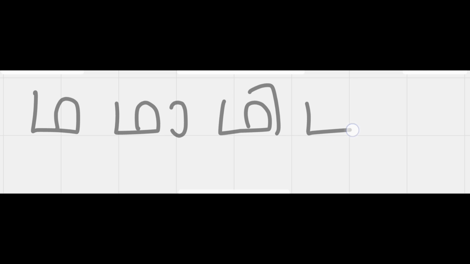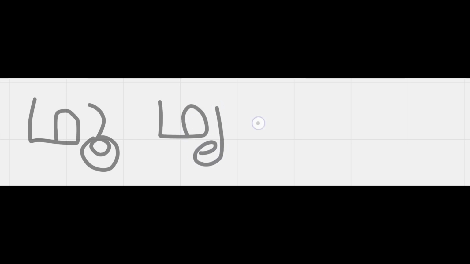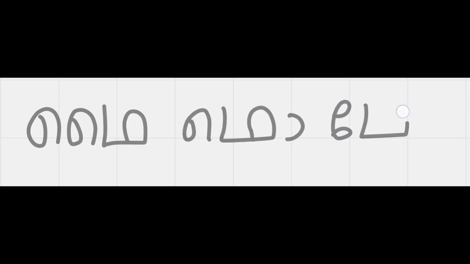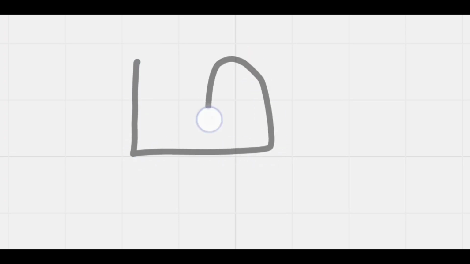Next letter is Tha. Tha with the symbols. Tha, Thi, Thu, Thr, The, Thai, Tho, Thau, Tham, Tha.